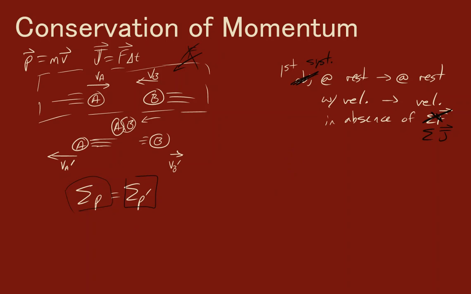Second law. Let me go back to this. Second law says the net force on a system is proportional to the acceleration of the system. And if we go back to our thinking there, we're swapping this out for a net impulse. And when we add in the mass, this becomes a change in momentum.